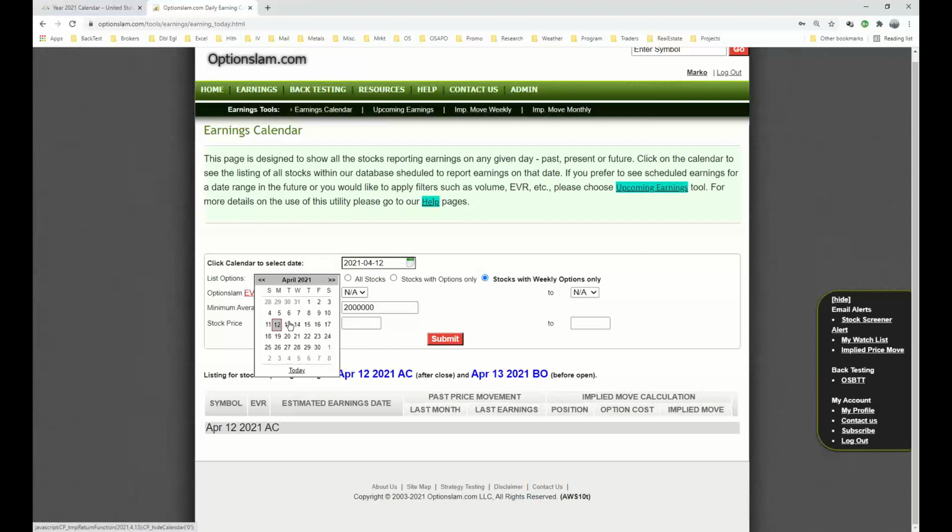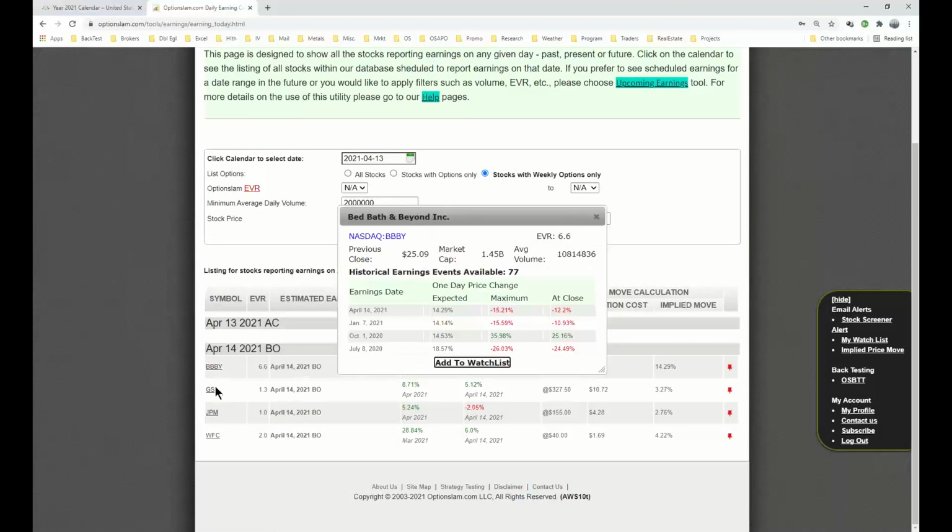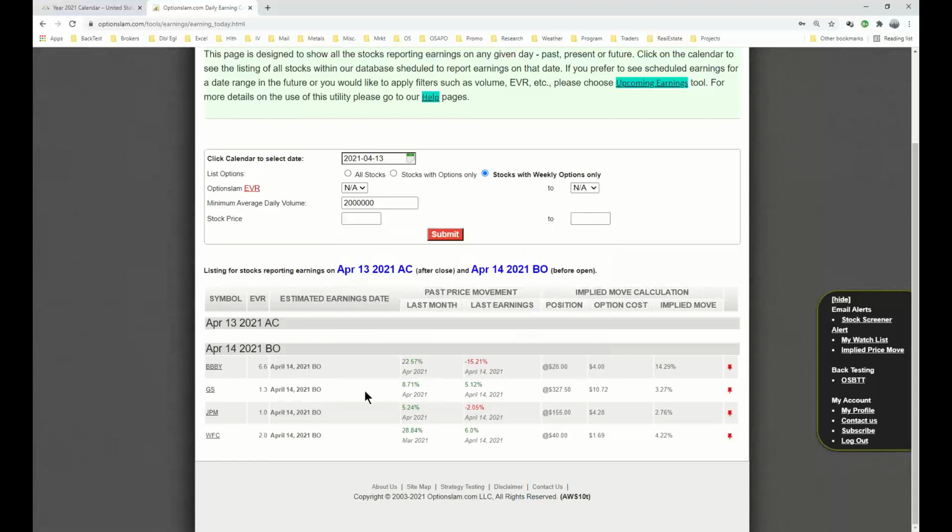Let me change the date to the 13th and try that again. And so here you can see that last week we had Goldman Sachs along with JPM, and there's a couple others here.